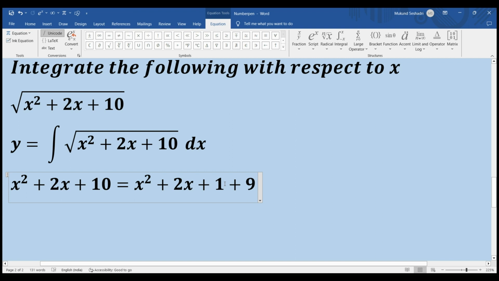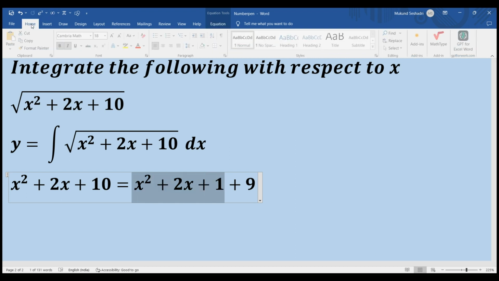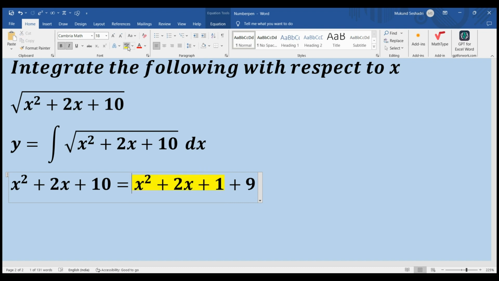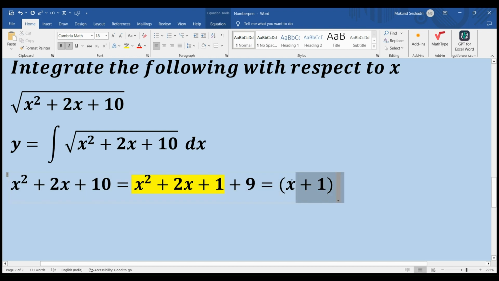Why am I doing it? Because once I write my 10 as 1 plus 9, I know that I can combine the first three terms x squared plus 2x plus 1 and rewrite it using the a plus b whole square formula, right? And what is my yellow term? It is nothing but x plus 1 the whole square, right? And what is my 9? My 9 is again nothing but a 3 square.